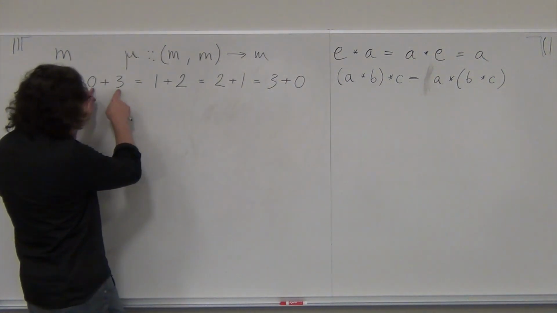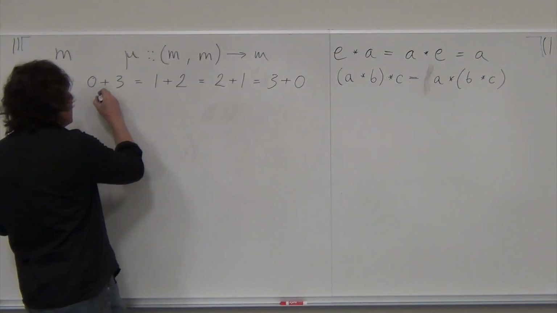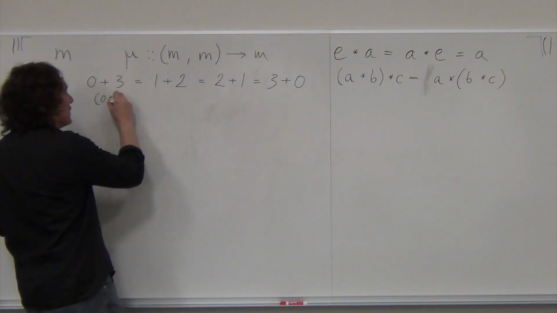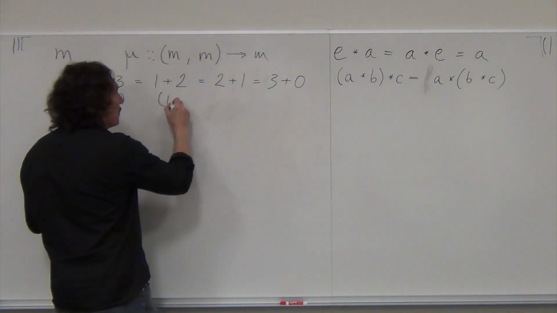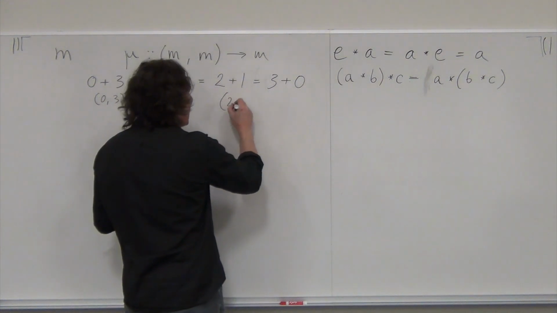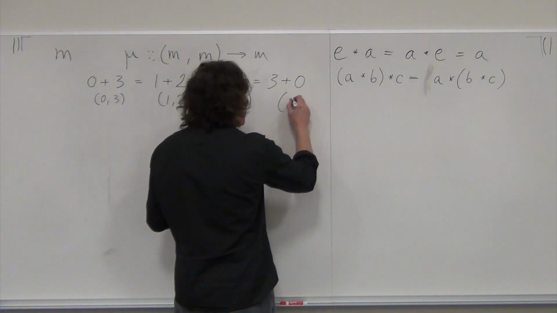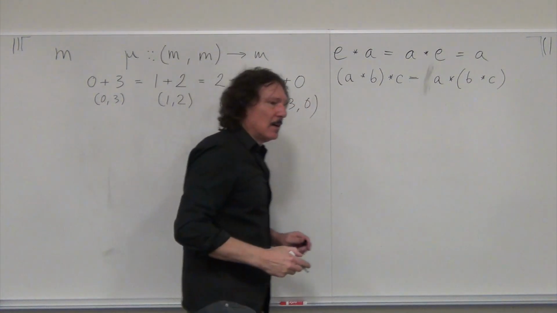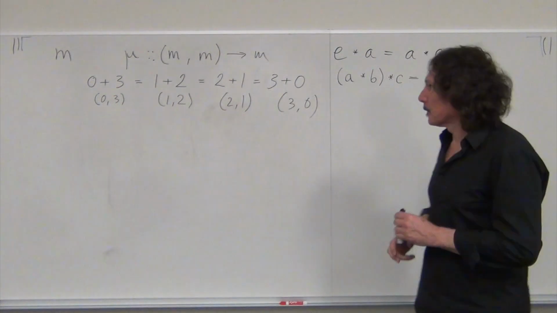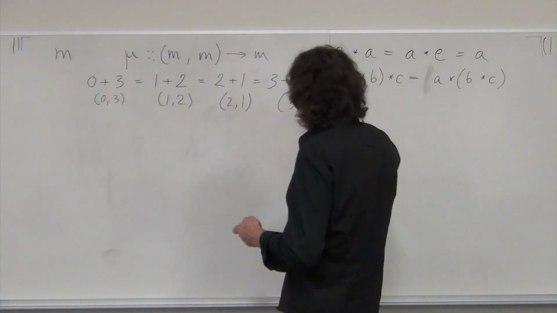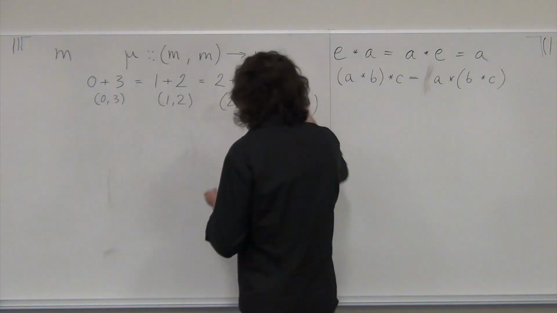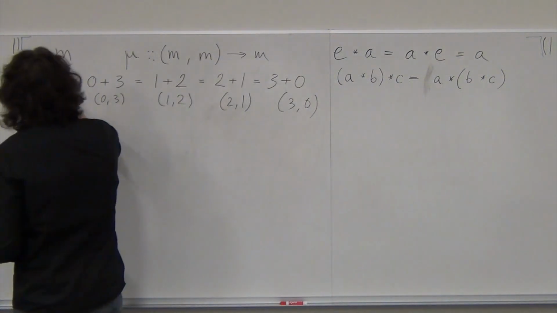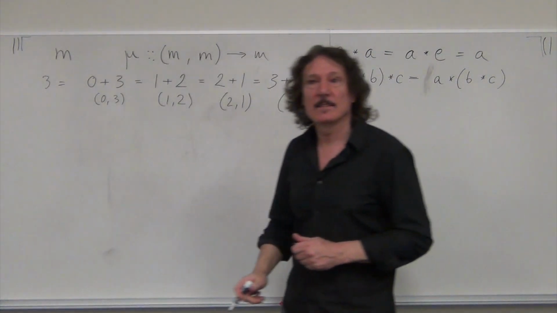These are different pairs. Let me write it as a pair 0, 3. This is a pair 1, 2. This is a pair 2, 1. This is a pair 3, 0, right? And they are all identified with 3, right? So 3 is equal to all of these things.